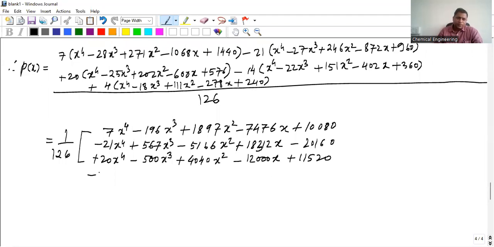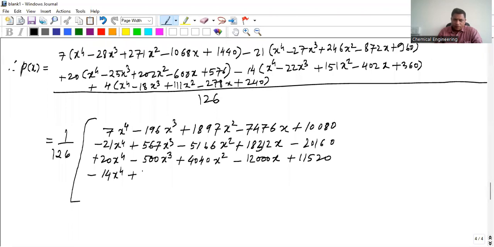Now the next term. So it is minus 14x raised to 4, minus minus plus, so what will this figure be?